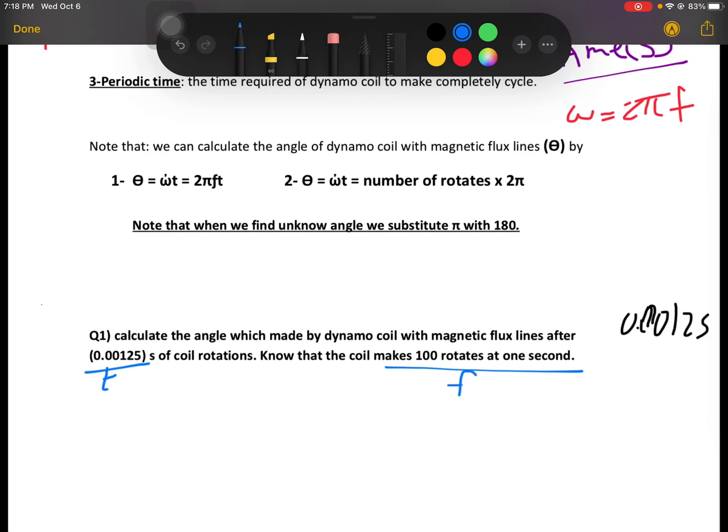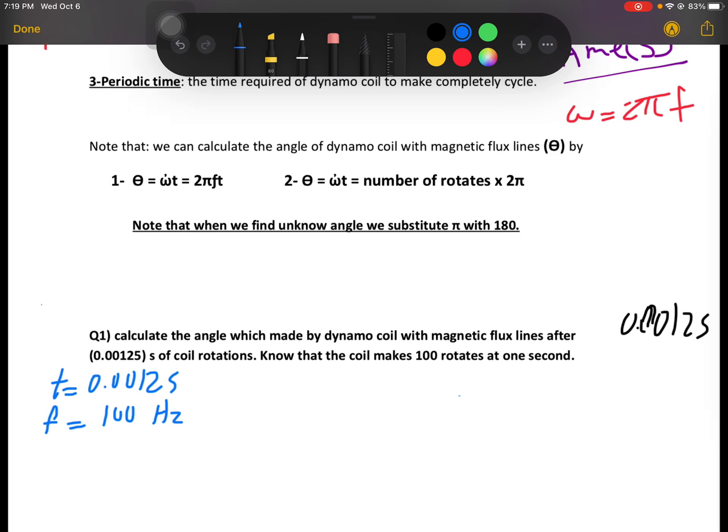We didn't need to make any conversion. So t equals 0.00125 and f equals 100 Hz, hertz.